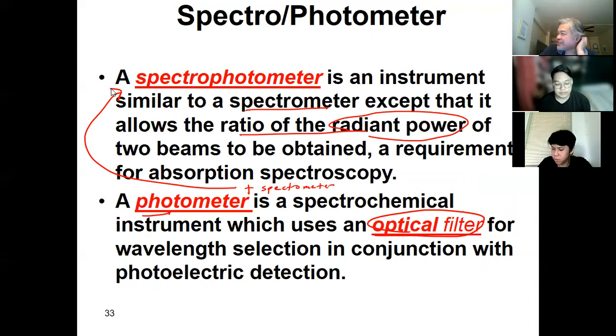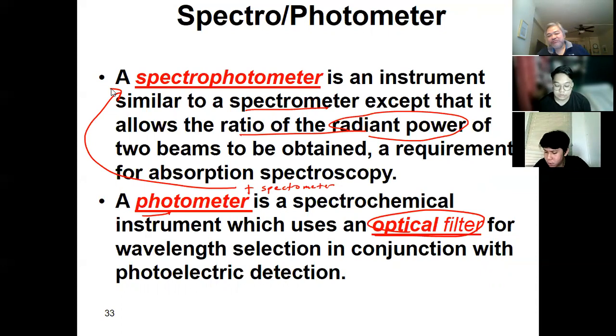So if you're going to look at some readings, spectrophotometer in general consists of two devices. Yung tinatawag natin spectrometer and photometer. Yung spectrometer, the device that produces or disperses and measures light.